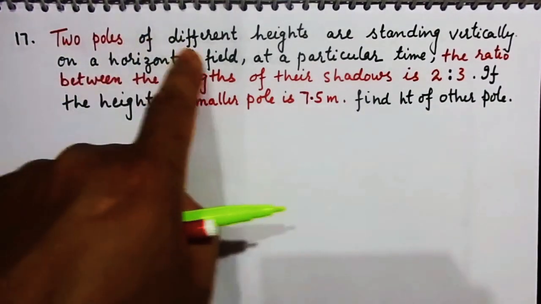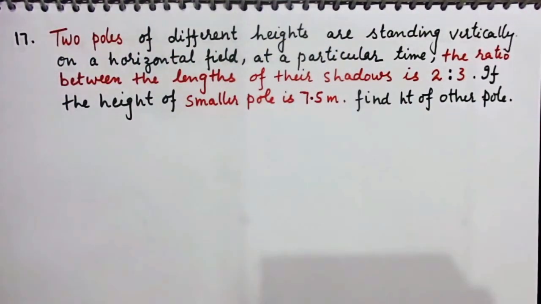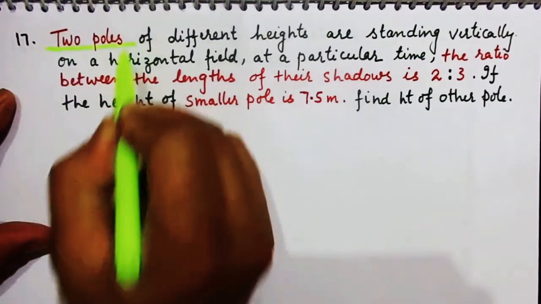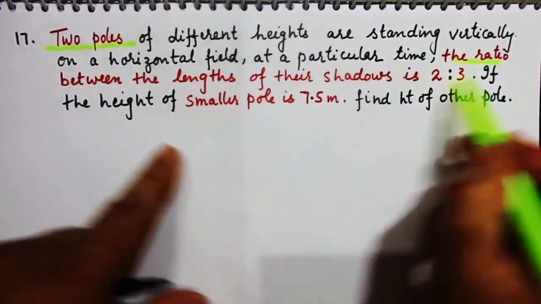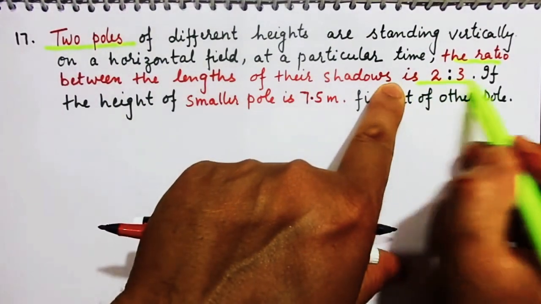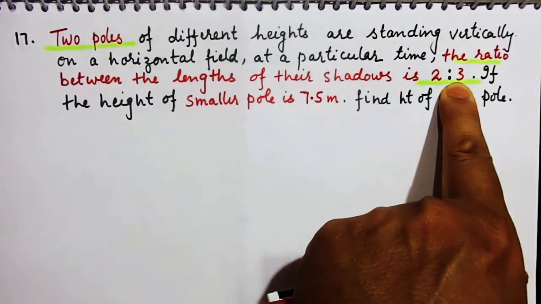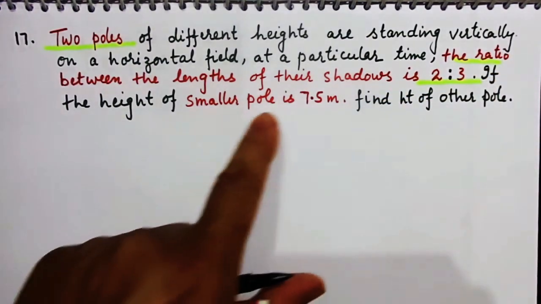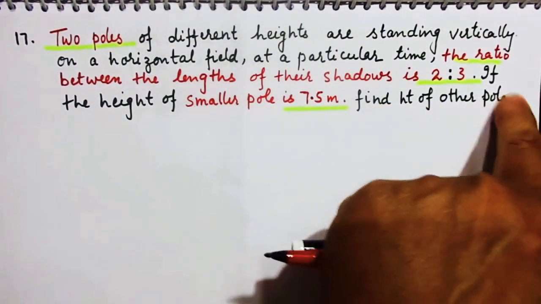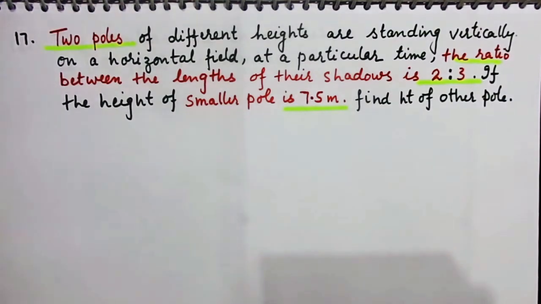Two poles of different heights are standing vertically on a horizontal field at a particular time. They are talking about two poles, and the ratio between the lengths of their shadows is 2:3. If the height of the smaller pole is 7.5 meter, find the height of the other pole.